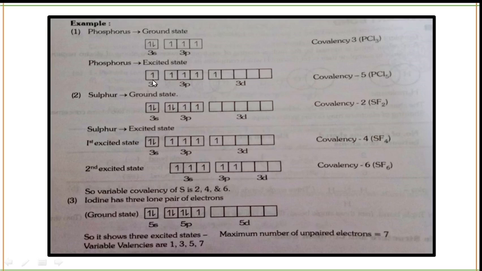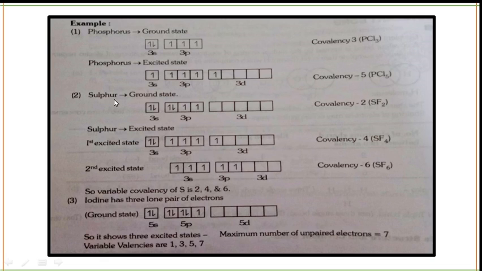So when all the electrons are unpaired, the covalency increases from 3 to 5. When the covalency is 5, the phosphorus atom combines with 5 chlorine atoms to form the molecule known as PCl5. From here you can conclude that phosphorus has variable valency: 3 in its ground state, and in its excited state it is 5.